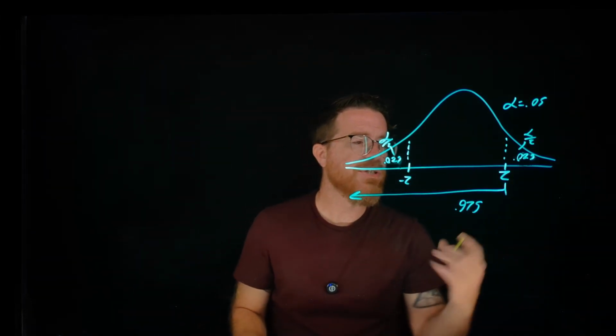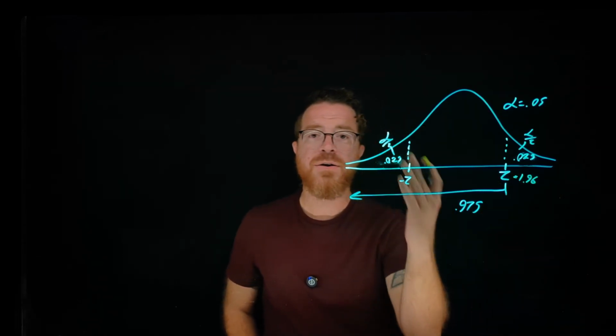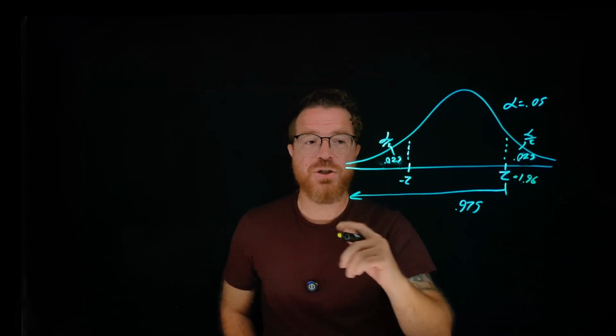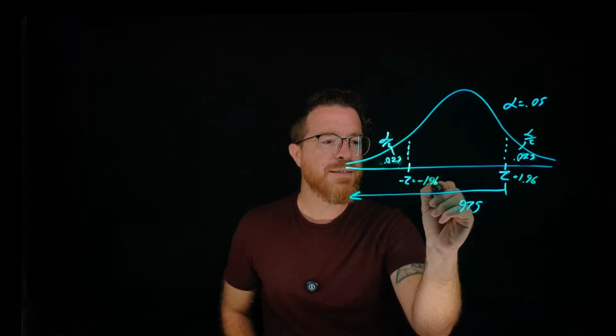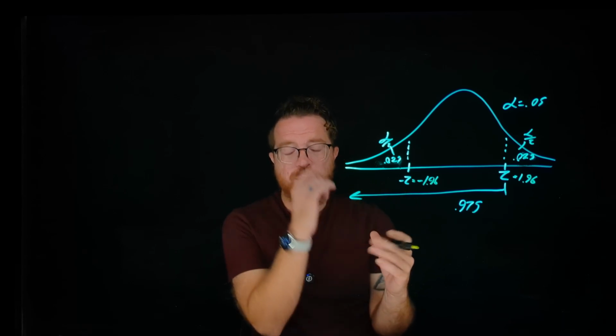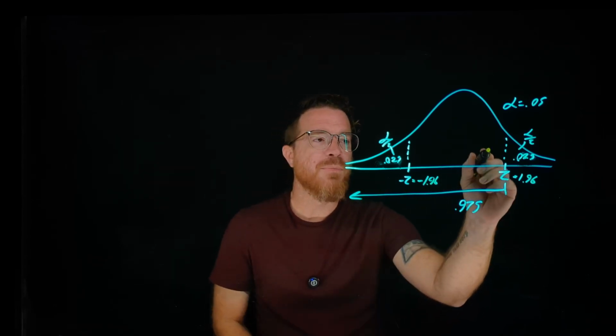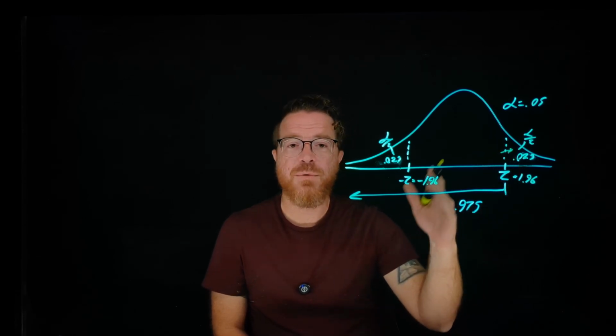So in this case, our z-value would be equal to 1.96, and our negative z-value, so this would be our rejection region on the left, would be at negative 1.96. Now these z-values, I've been calling them the z-critical value because they're the value at which you go from the fail to reject region, and once you cross that threshold, you are now in the rejection region.